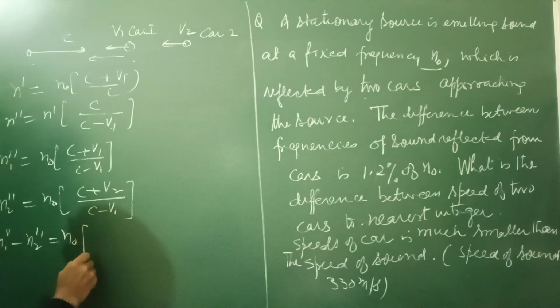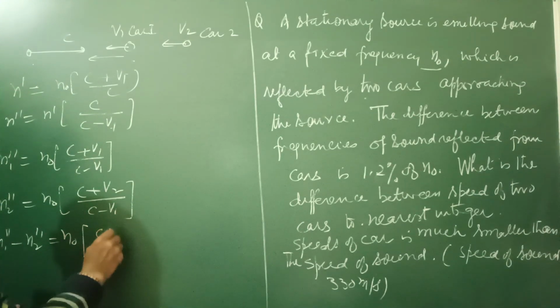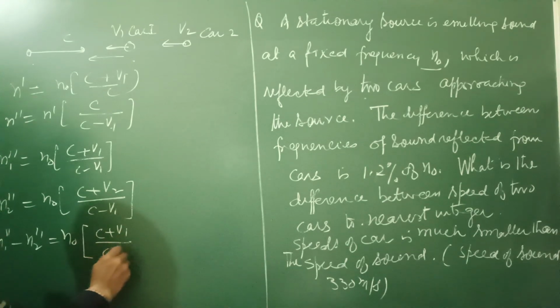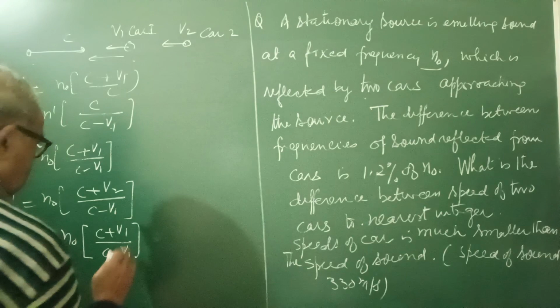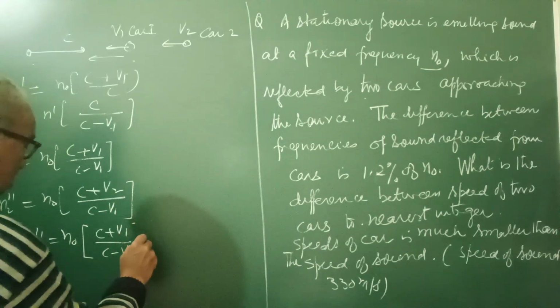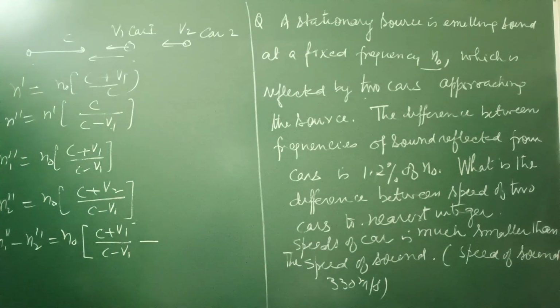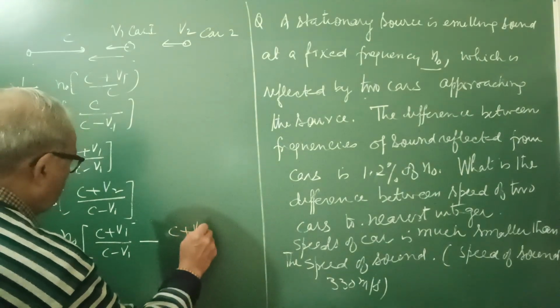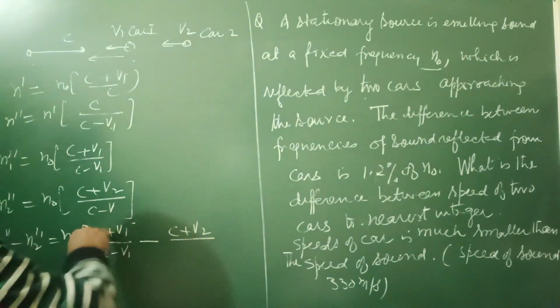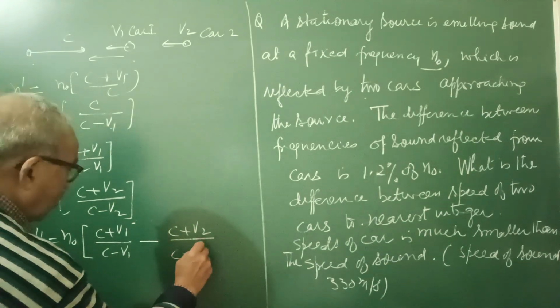So it will be n0 times [(C + V1)/(C − V1) minus (C + V2)/(C − V2)].